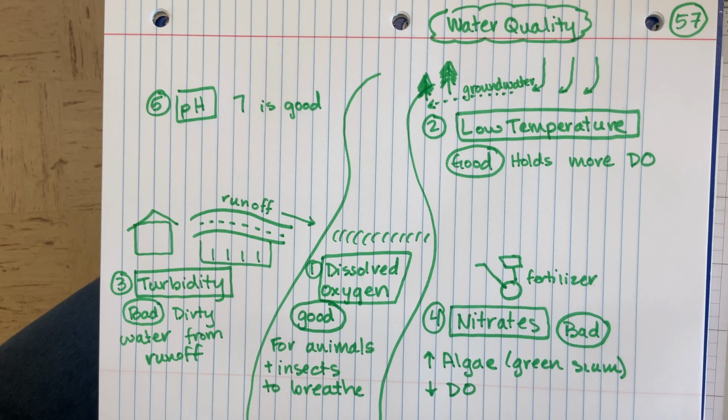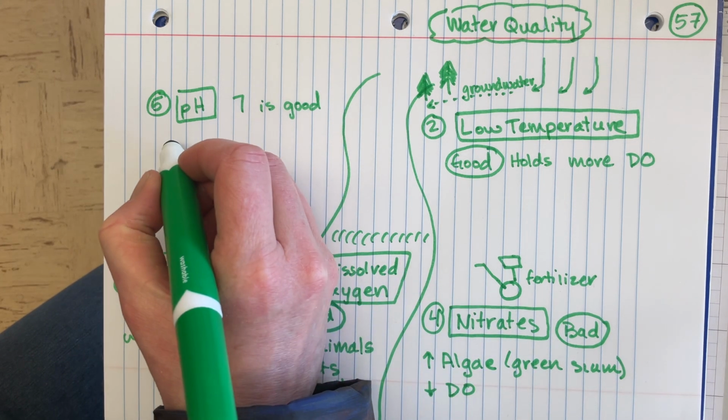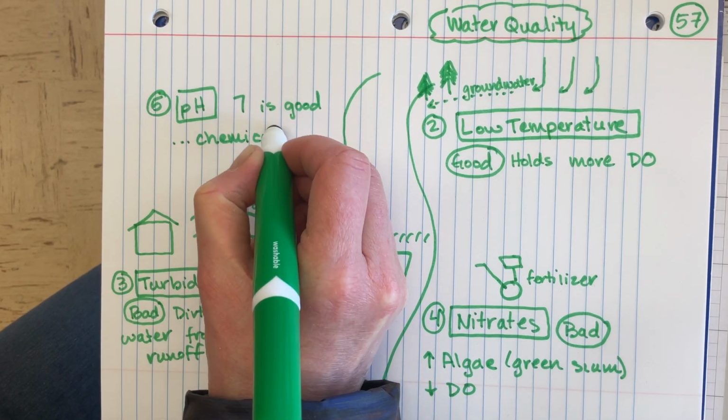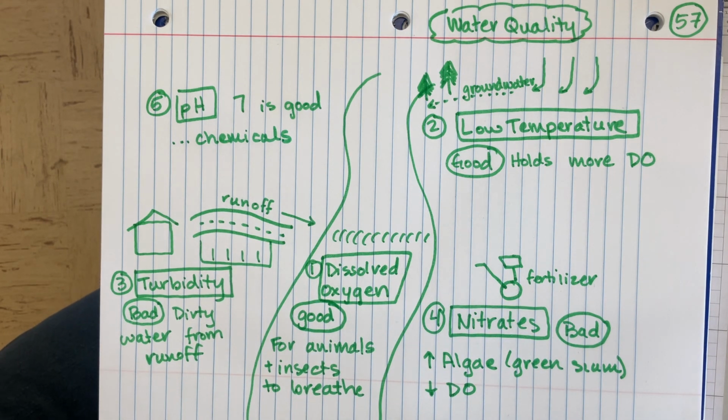And pH basically comes from other chemicals that can get into the water from factories or houses, and those chemicals can change the pH of the water, which is not good for the creatures that live there.